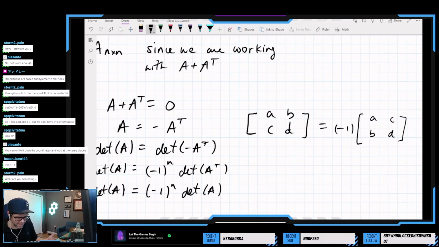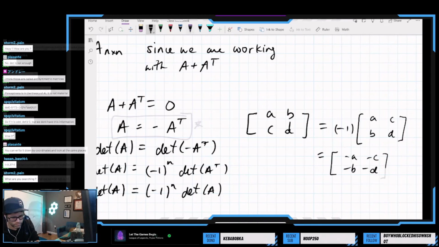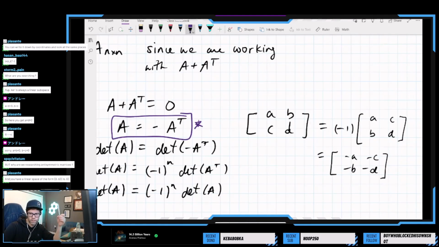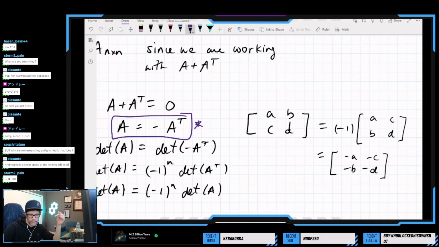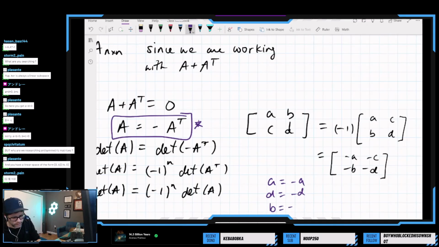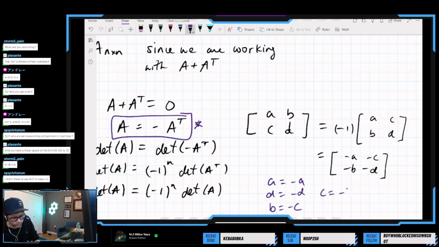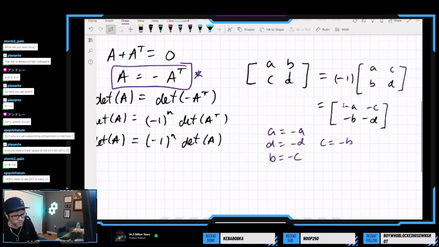Do these matrices exist? I feel like these matrices are just very odd looking. So you're saying that A would have to equal negative A, that D would have to equal negative D, and that B would have to equal negative C, and that C would have to equal negative B. So this basically tells us that A and D have to be equal to 0.